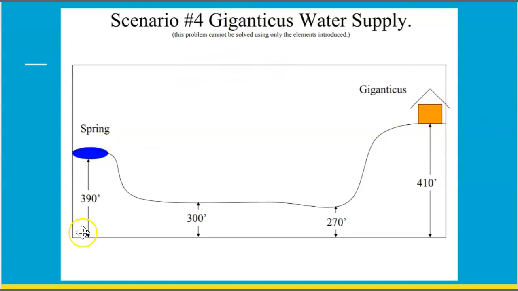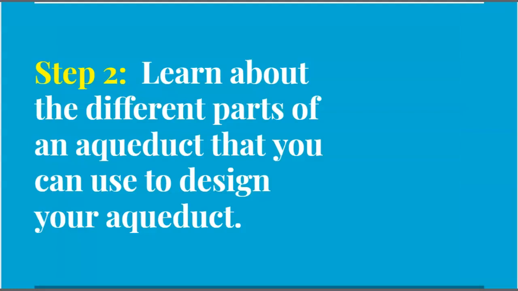So you're going from a spring at 390 feet and getting the water up to 410 feet. This particular one cannot be solved using only the elements that I'm teaching you in this lesson today. So this would be the scenario you would choose if you would like an additional challenge and have to do additional research, okay?